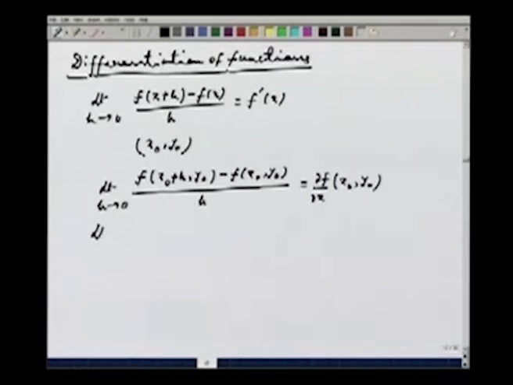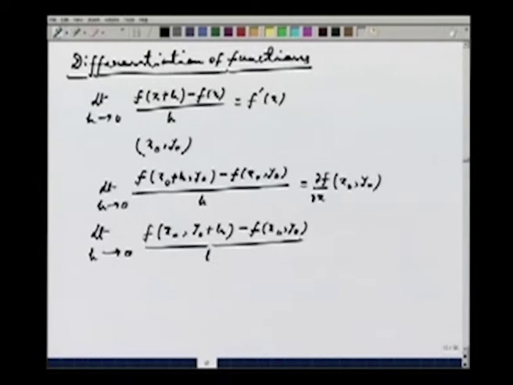Similarly, I can define the limit h going to 0 of f of x naught, and now I am going to play around with y naught. If this limit exists, I call it del f del y at (x naught, y naught).